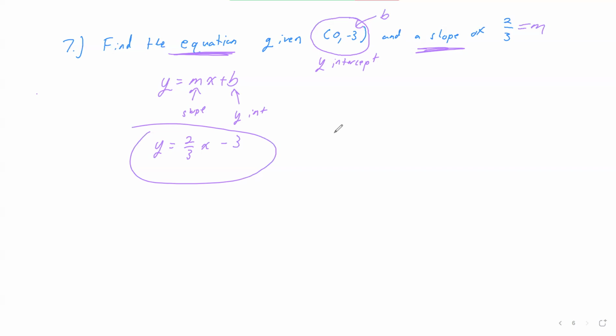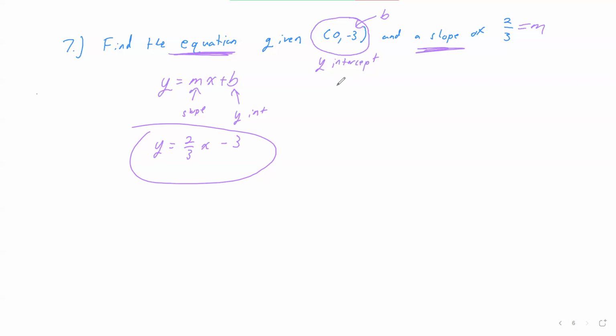So any questions on 10.3, which is the slope-intercept form? Correct. If you see a coordinate and it gives you 0, number, you instantly have the b.